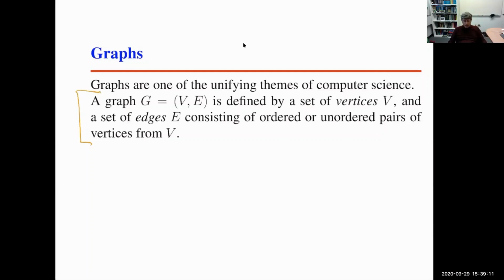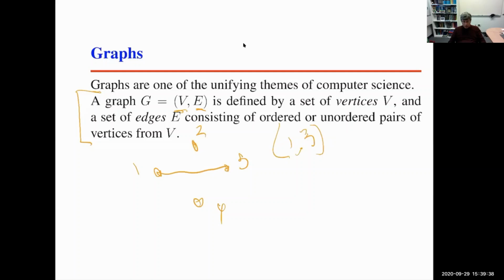It's a set of vertices named V and a set of edges E, where each edge consists of a pair of vertices, and that edge can either be an ordered pair or not. So if we have a graph here, where we've got vertices 1, 2, 3, and 4, 1, 3 is an edge.